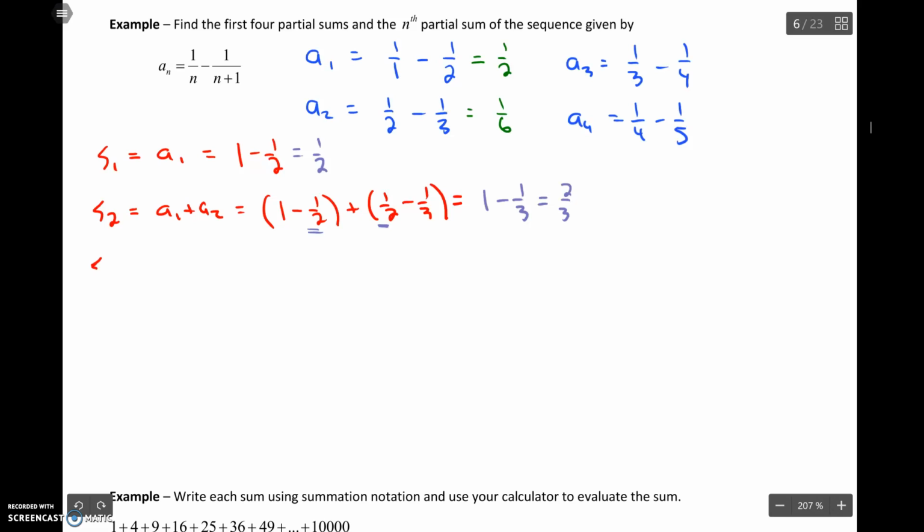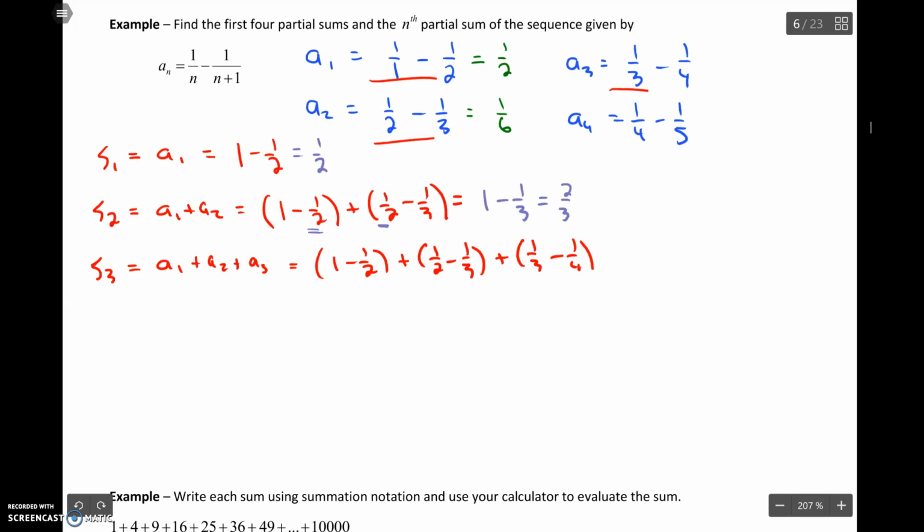Okay. S sub 3 is going to be a1 plus a2 plus a3. That's going to be 1 minus 1/2 plus 1/2 minus 1/3 plus 1/3 minus 1/4. So now these cancel out, those cancel out, and you just get 1 minus 1/4, also known as 3/4.